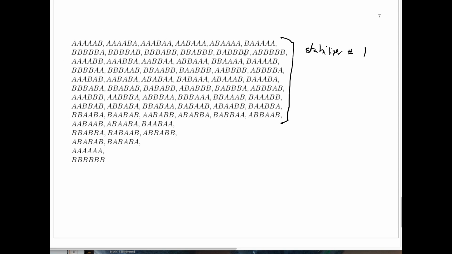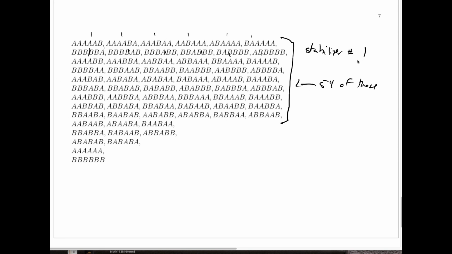So if I'm adding all the stabilizer numbers, I have 1s for each of these. How many of them are there? There are 54 of these. You can see that there are just 9 rows with 6 in each. There are 54 different strings, each of which has stabilizer number 1.